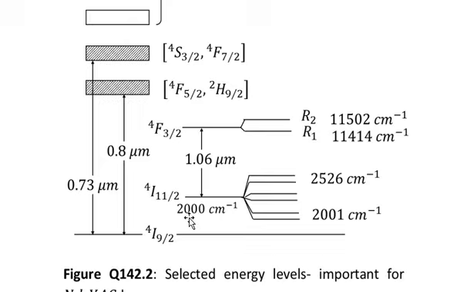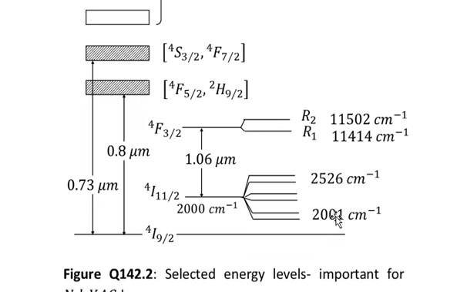The energy levels of the other levels have also been shown. For example, when the level 4I11/2 splits into six levels, the lowest level has an energy corresponding to 2001 centimeter inverse, and the uppermost of these six levels is 2526 centimeter inverse.